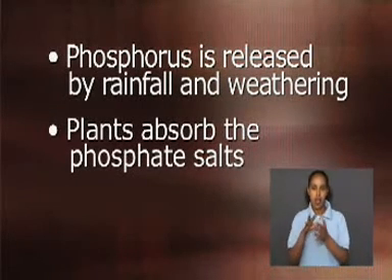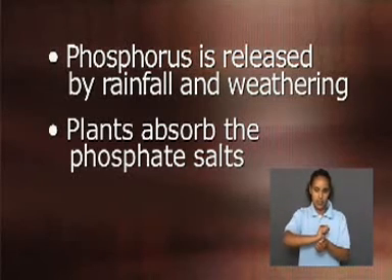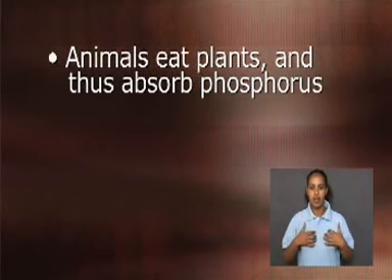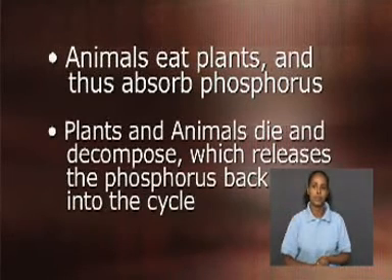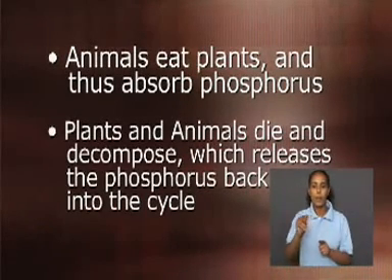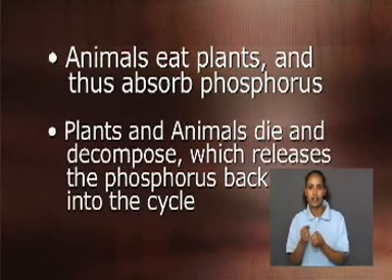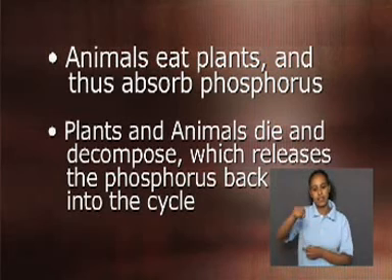Plants absorb phosphate salts and convert them into organic compounds. When animals eat plants, they also absorb the phosphate. When plants and animals die, they decompose and release the phosphate back into the cycle.